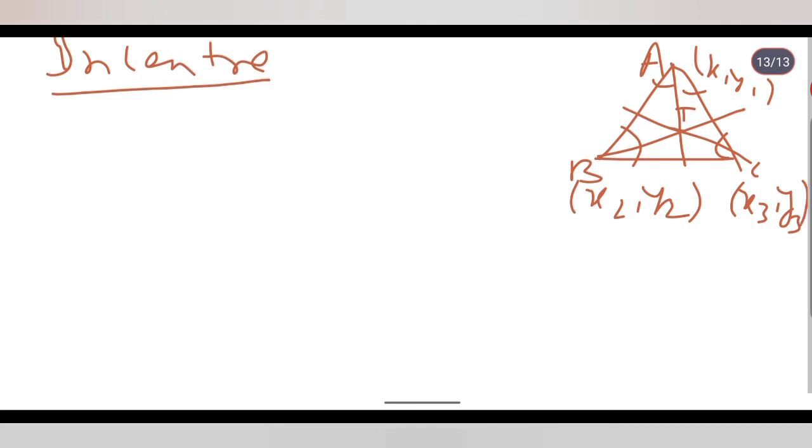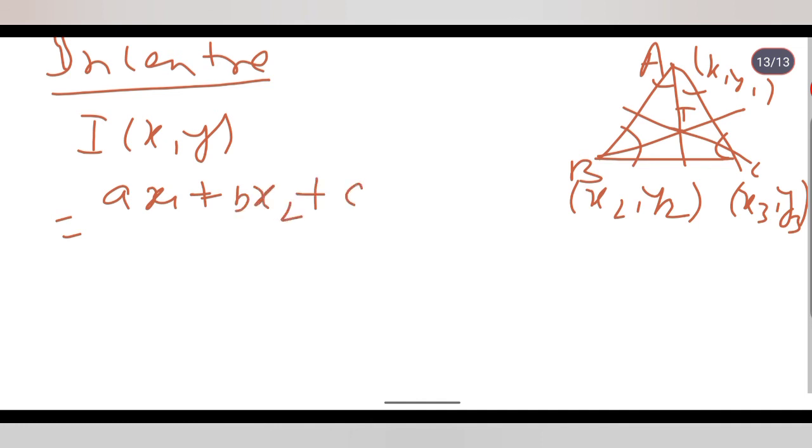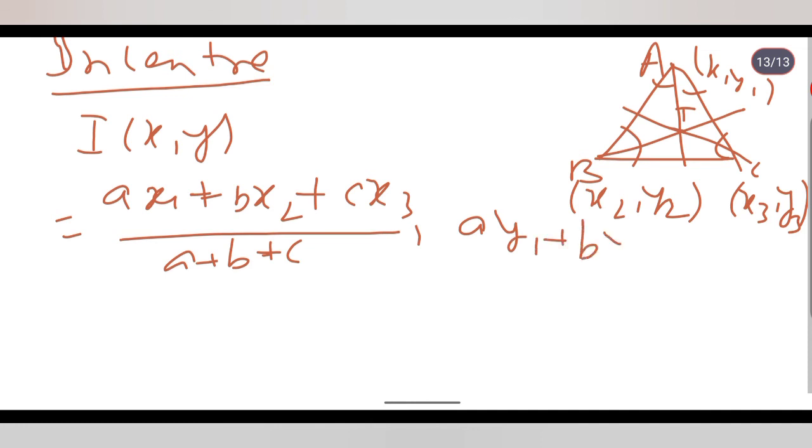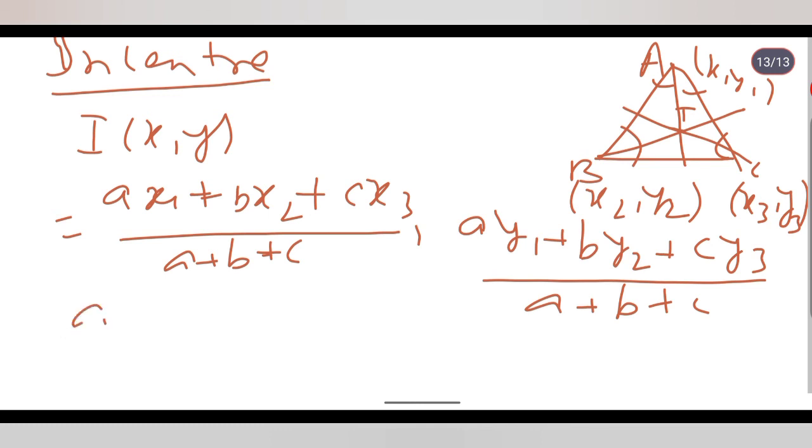So we can say here the coordinates of the incenter, that is I(x, y), equal to (a x1 plus b x2 plus c x3) by (a plus b plus c), and the next one is (a y1 plus b y2 plus c y3) by (a plus b plus c), where a, b, c are the sides of the triangle.